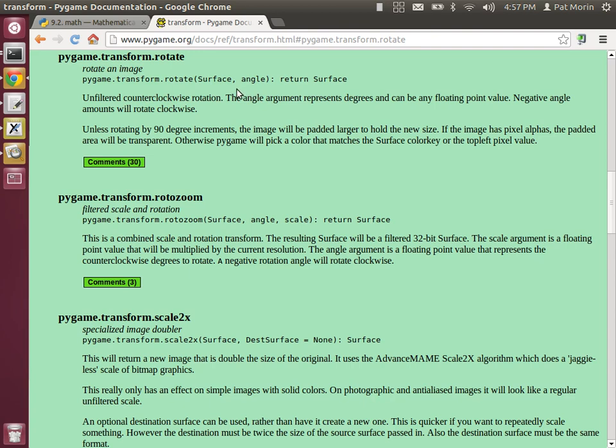So the ant is pointing northeast, 45 degrees up and to the right. And the origin in all of these calculations that we're doing is pointing directly to the right. Pygame rotate says what you specify is an unfiltered counterclockwise rotation.